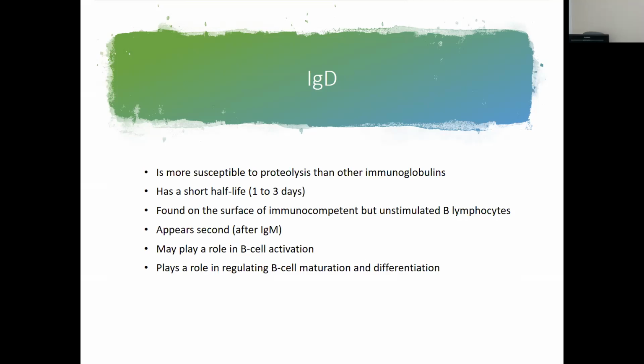Short half-life, found on the surface of immunocompetent but unstimulated B lymphocytes. Appears second after IgM. We know that already. It plays a role in regulating B cell activation, maturation and differentiation that we need for the B cell to do what? Become specific for its antigen. Hopefully you hadn't lost that point.